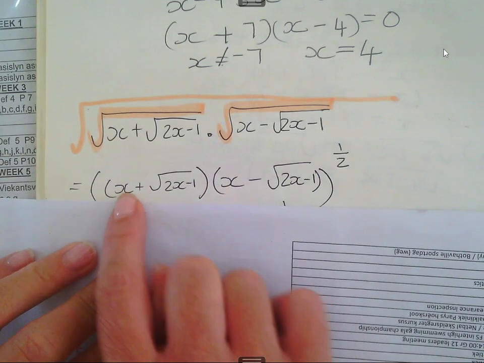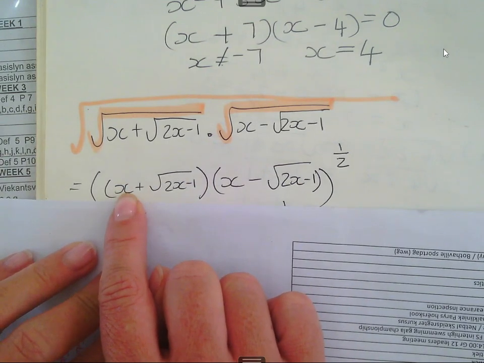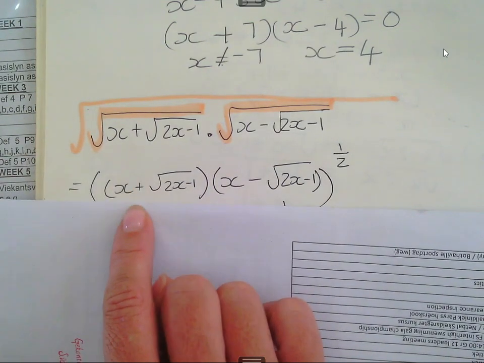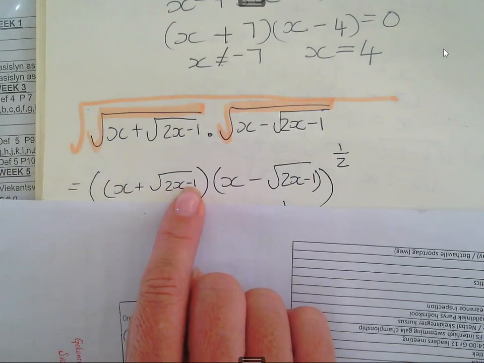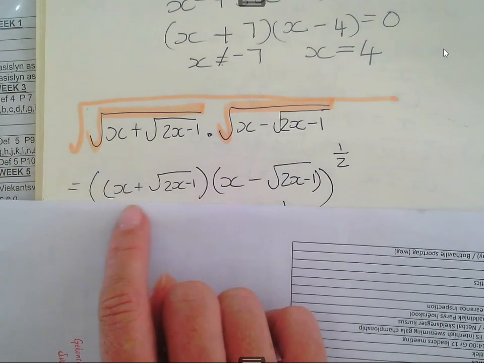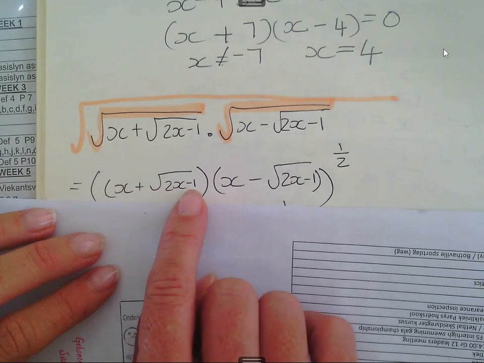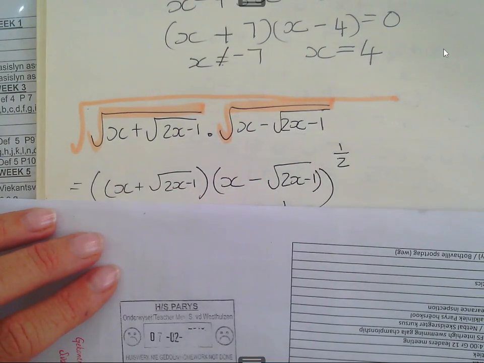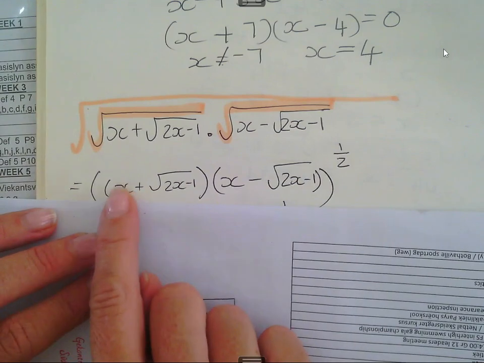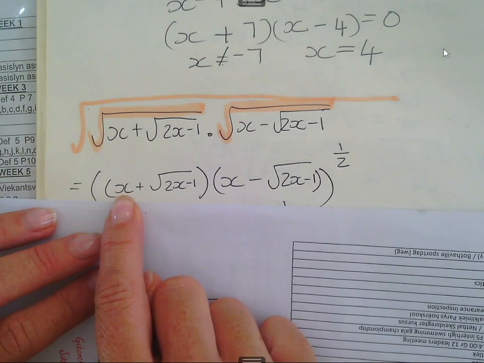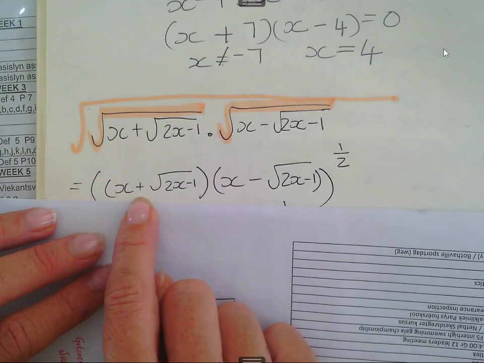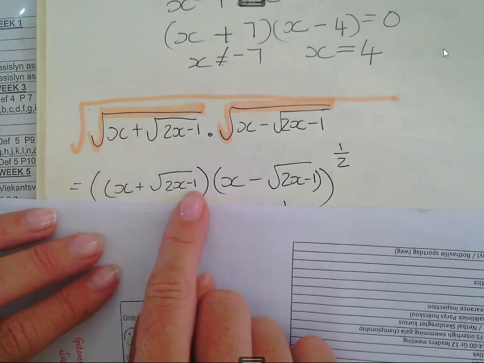So what is x's square? X squared. What is the square root of 2x minus 1 squared going to be? The root and the square will cancel out. Okay? So I will basically have x squared minus 2x minus 1.